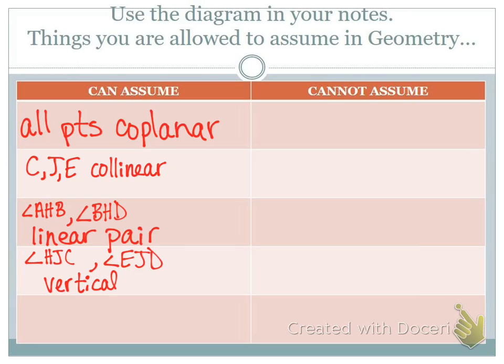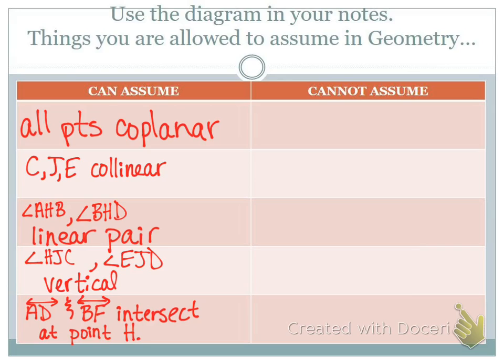We can also see that line AD and line BF intersect where? Careful, 2 lines intersect at a point. They intersect at point H. You don't have to put the word point.